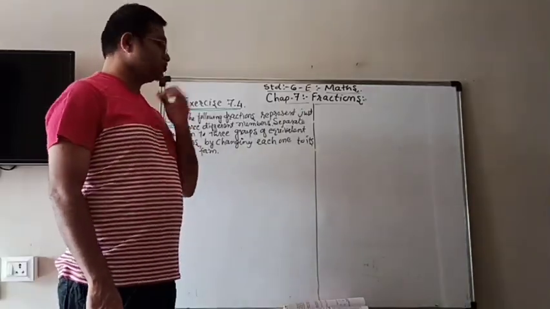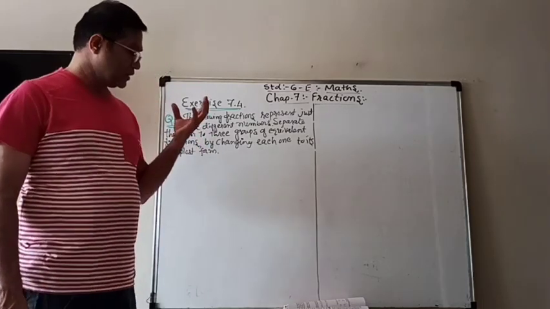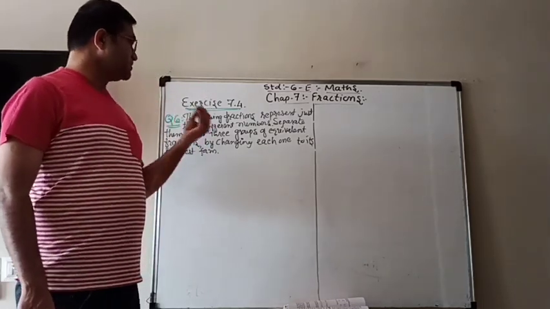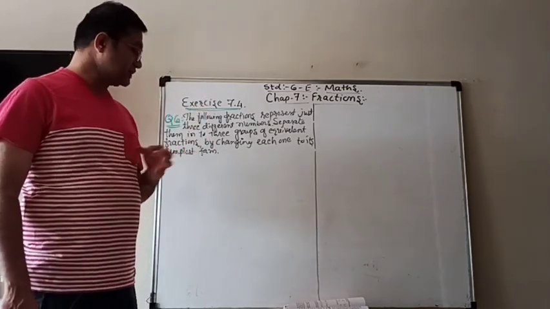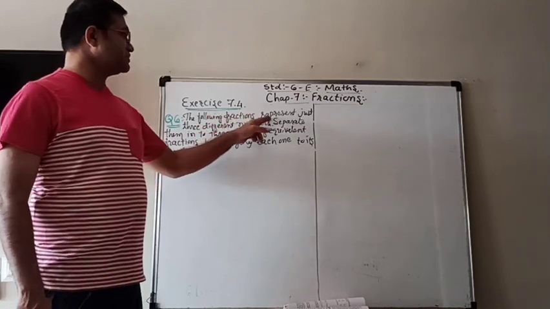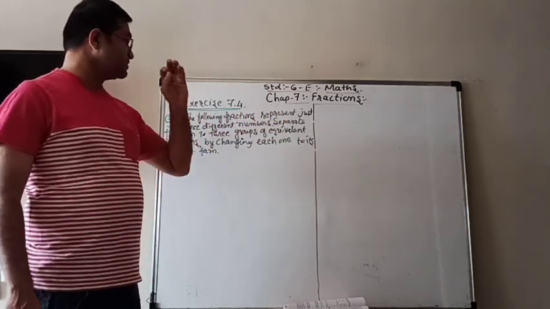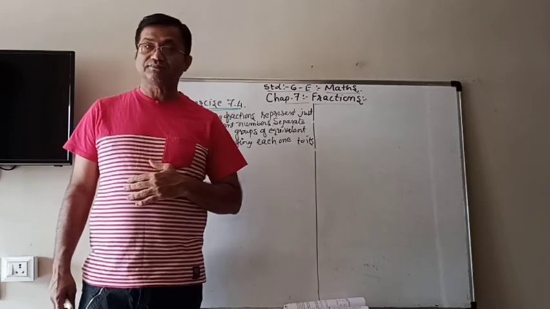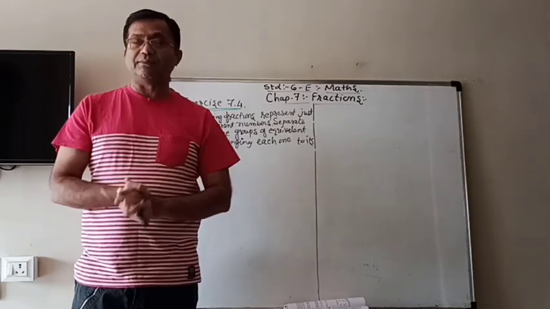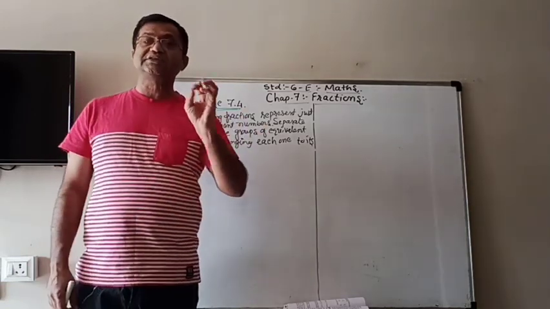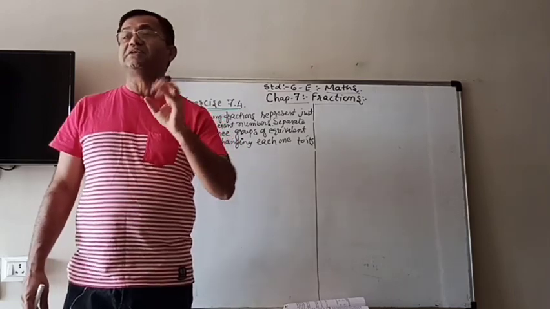Now question number 6, in which some fractions are given and it says that the following fractions represent just 3 different numbers. Means when you simplify them, you will get any one out of those 3 numbers.